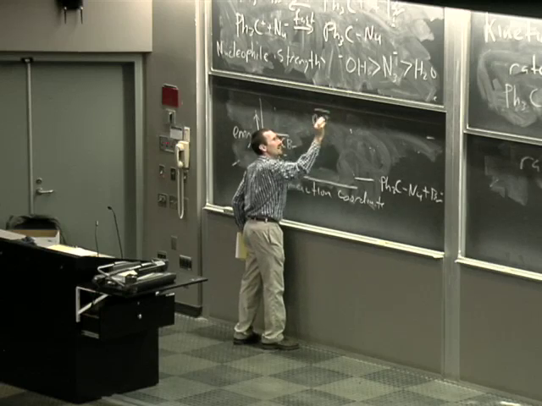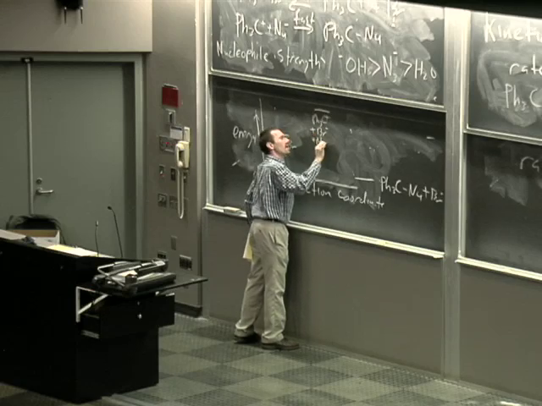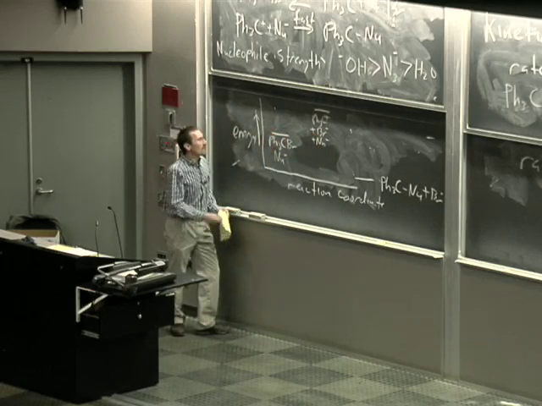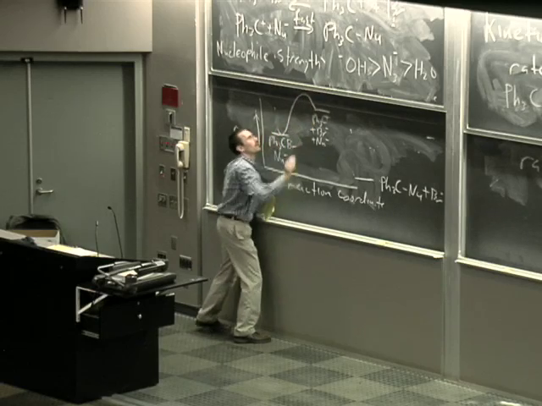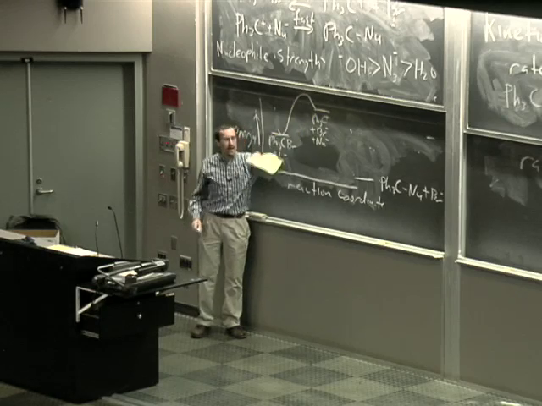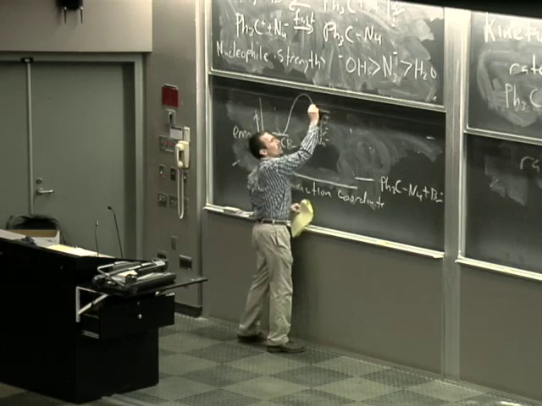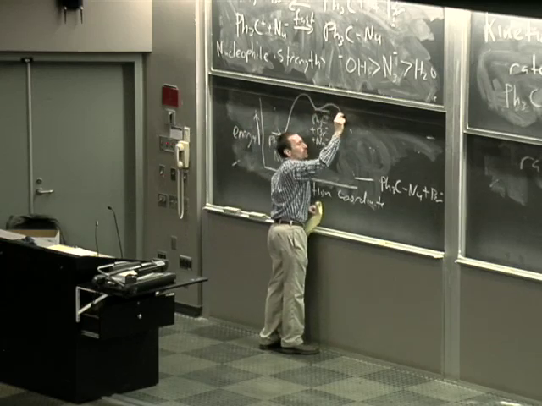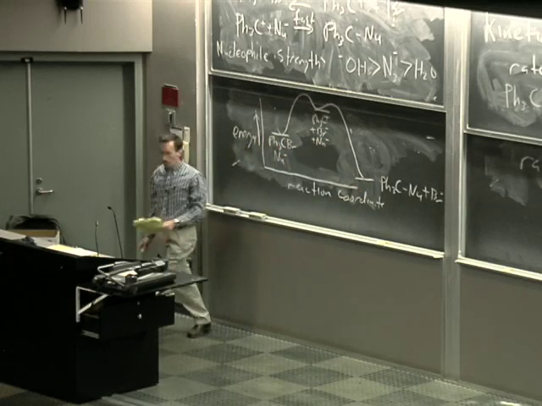It's the carbocation plus bromide plus Nu minus. And we go over the highest energy barrier. Our rate-determining step is determined by the height of that barrier. And then in going to our product, we go over a lower energy barrier to get to our product.